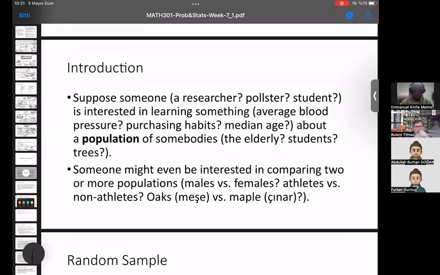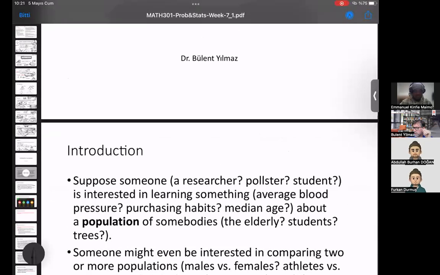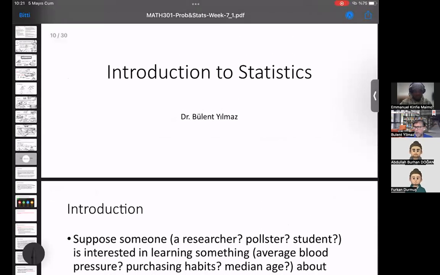Okay, this is the statistics part of the course. Until now, we talked about probability. We talked about random variables, probability distribution functions, probability mass functions, cumulative distribution functions, expected values, variances, and so on.